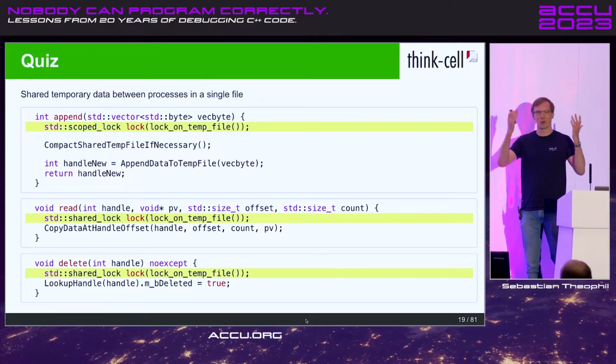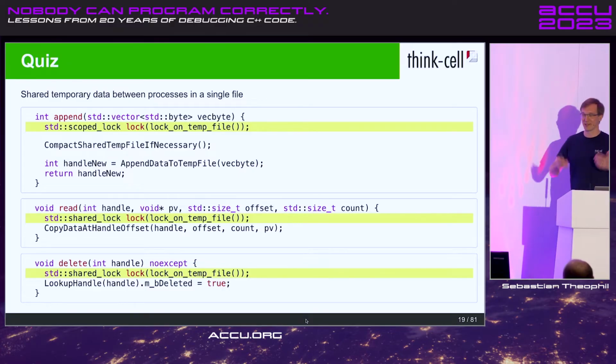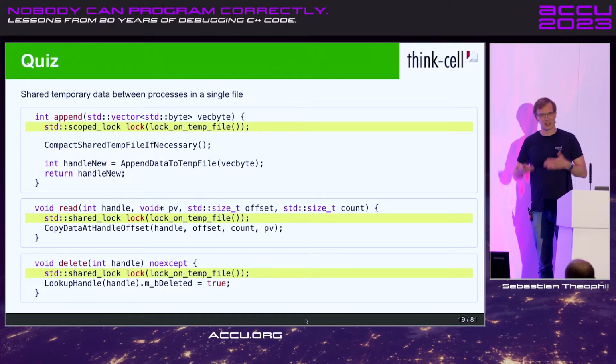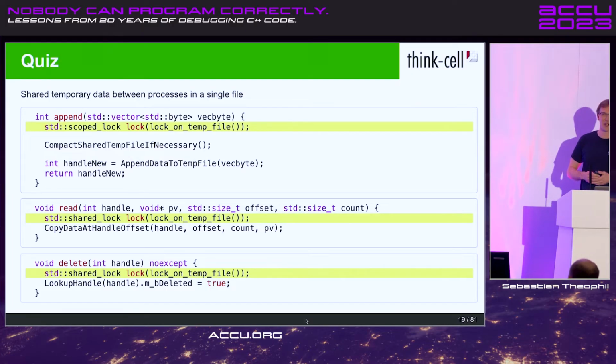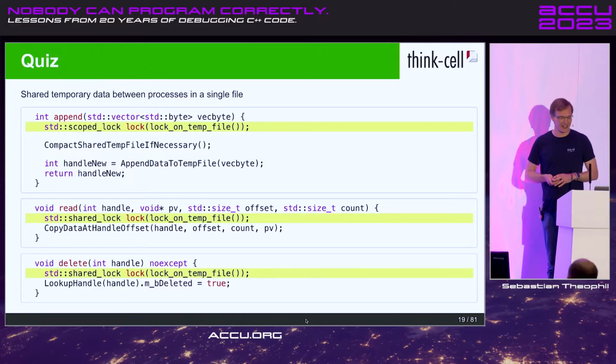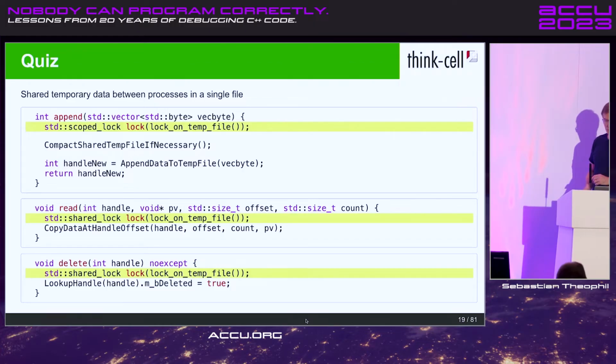Because of course, everybody has multi-threaded programs, and so do we. So that was the real problem. And it was hard to reproduce, as you can imagine. But if you question your assumptions and think, what did I try to achieve here? It dawned on me that this wasn't correct.